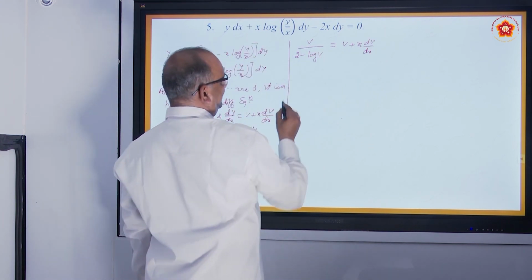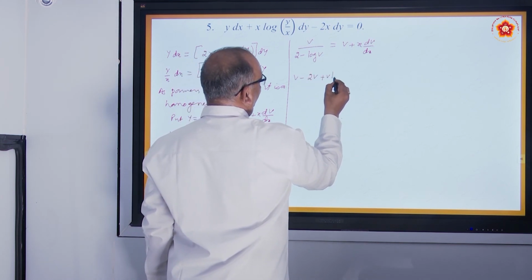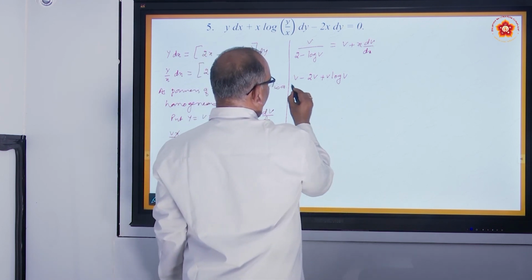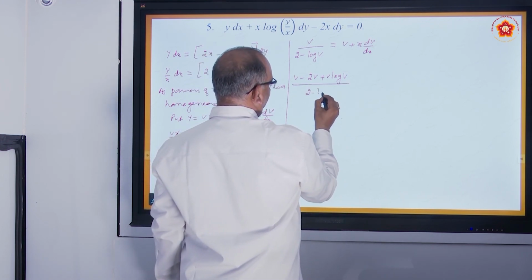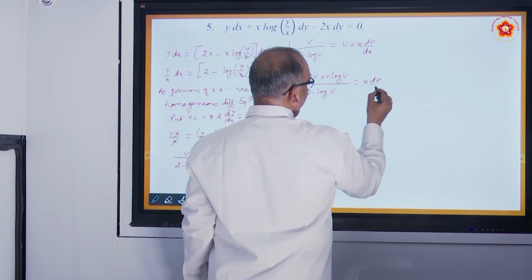Get that v this side, you will have v minus 2v plus v log v by 2 minus log v equal to x dv by dx.